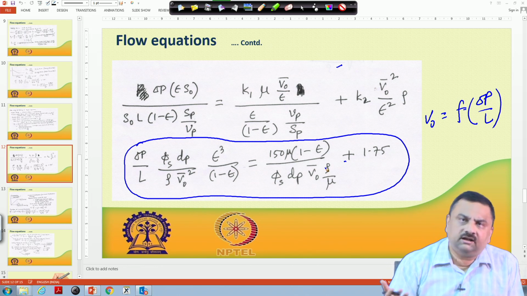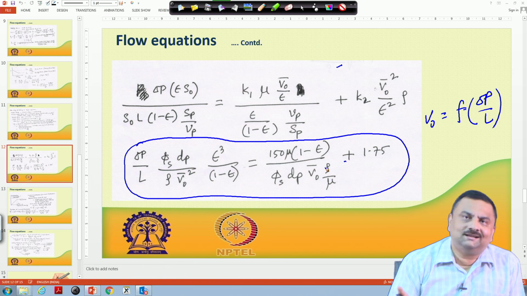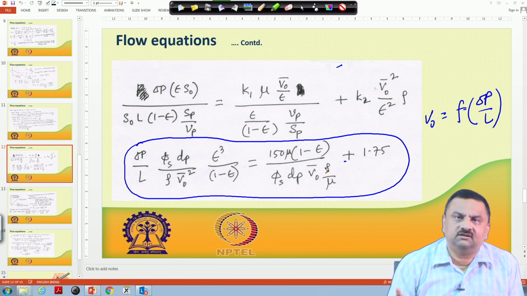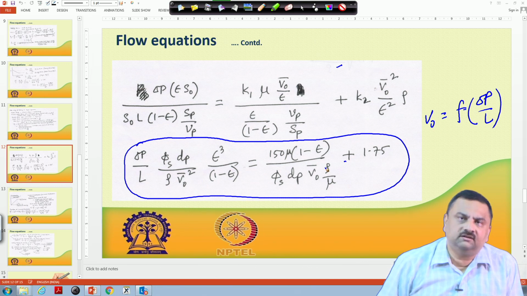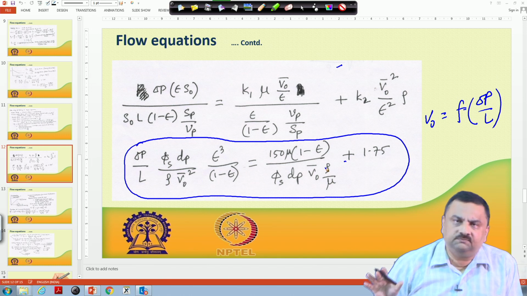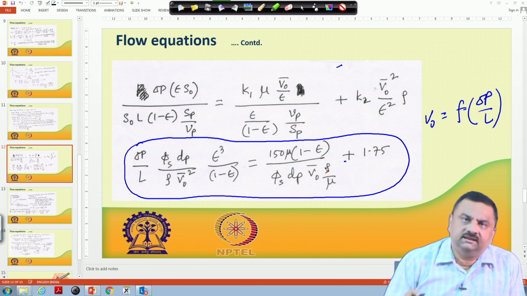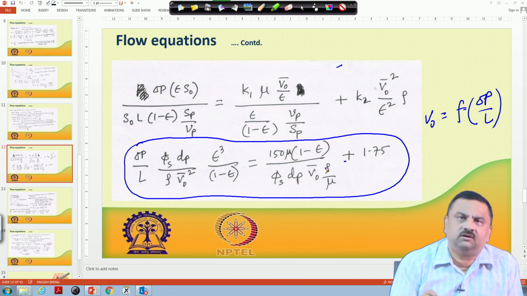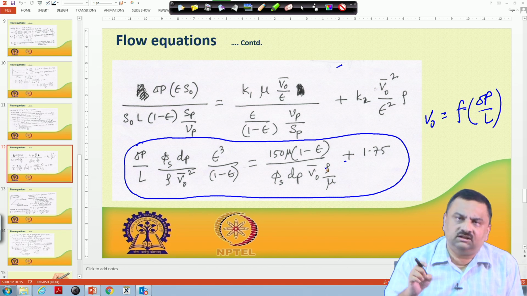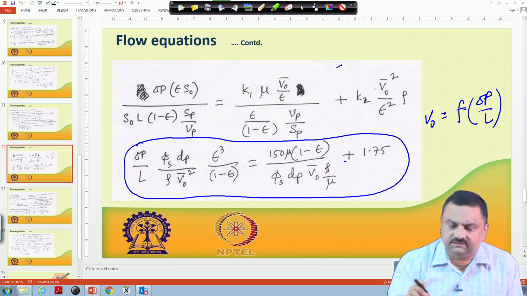I don't think you can get permeability as such out of this expression. That's not the idea by which this whole equation has been floated. So I think these are two different equations. Darcy's law is a simplified form, and this is a more exhaustive form, and this is more applicable, I think, for a packed bed, when you know the particle diameter and all these parameters.